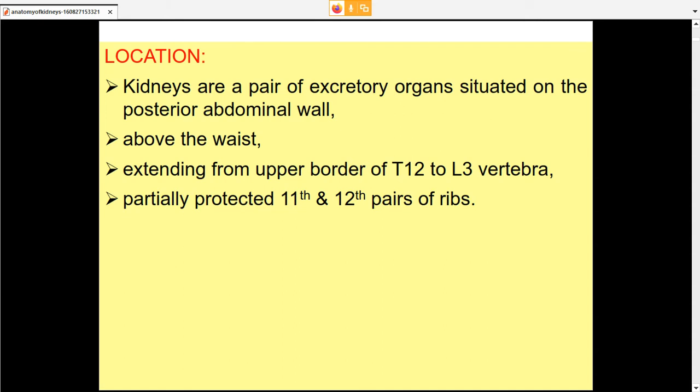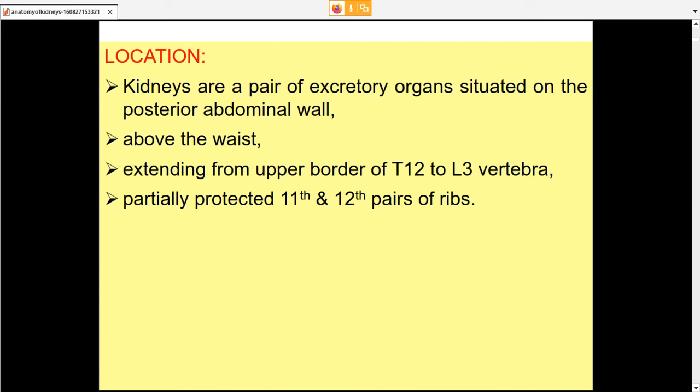So let me explain the location of the kidneys. Kidneys are a pair of excretory organs situated on the posterior abdominal wall. After opening the abdominal wall, we can identify the entire system.